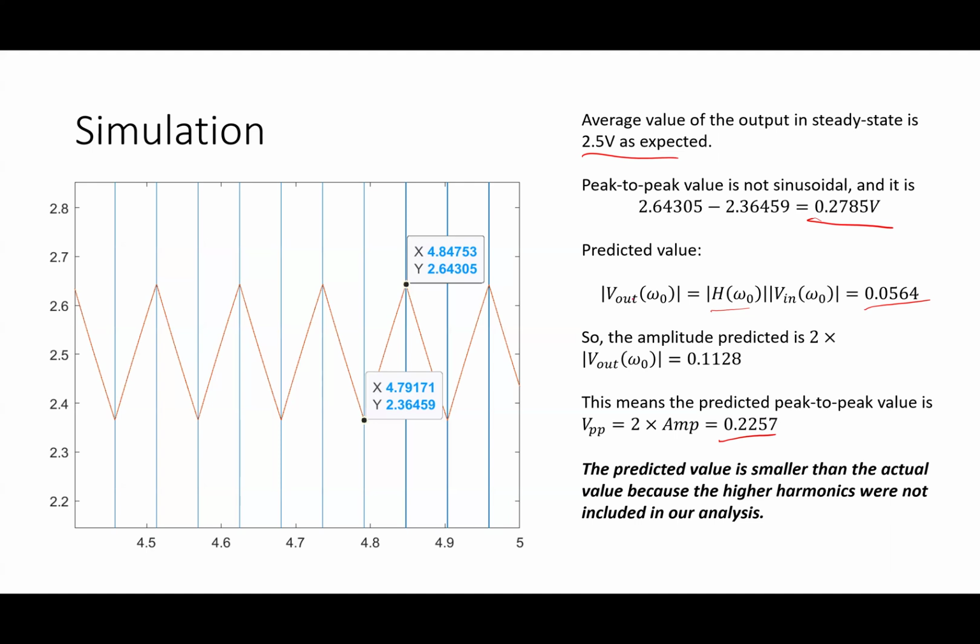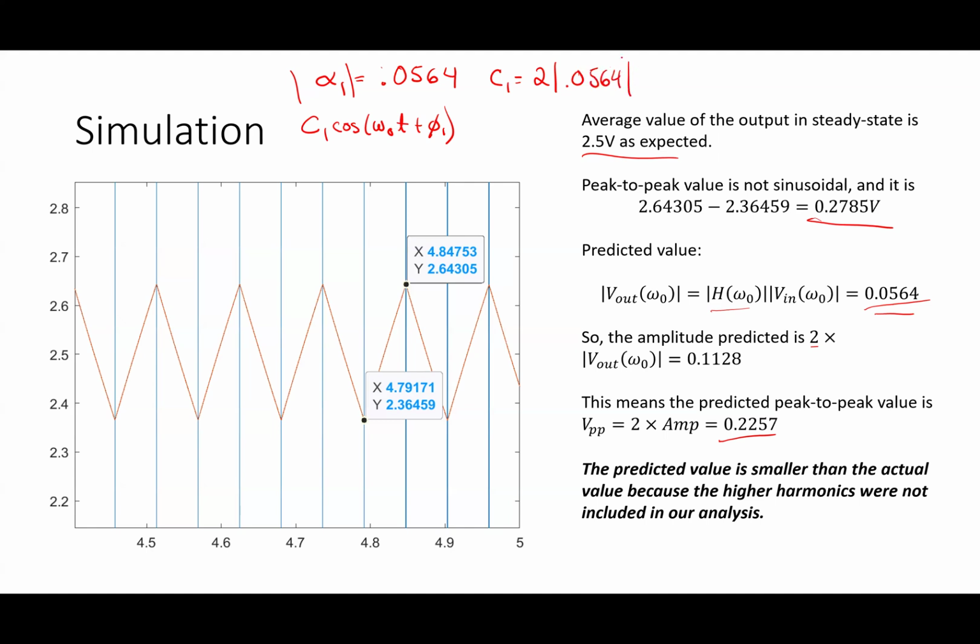Just to be clear, the amplitude of V out is 2 times alpha 1's magnitude, 0.0564, because the corresponding C1 cosine of omega naught t plus phi has C1 equal to 2 times that.